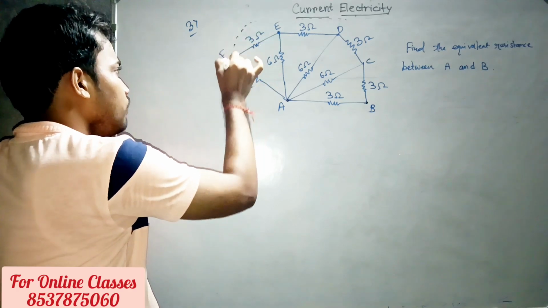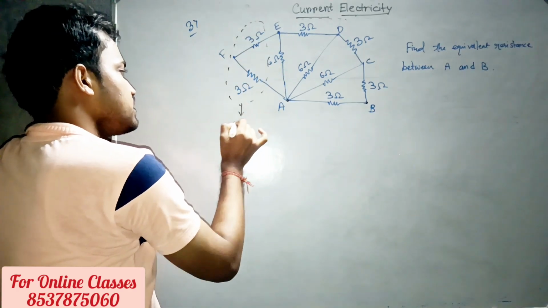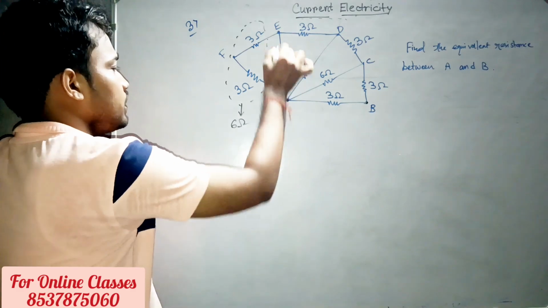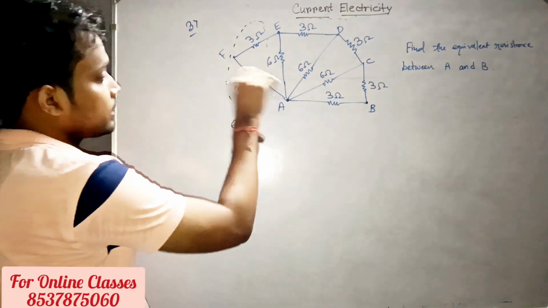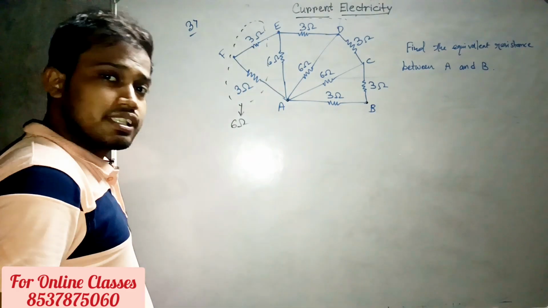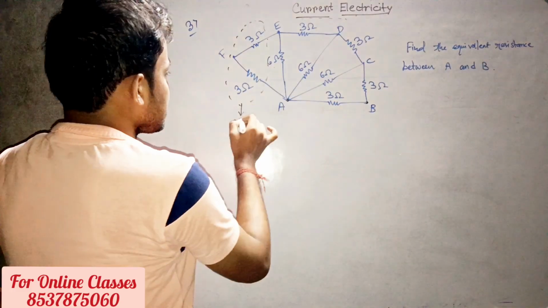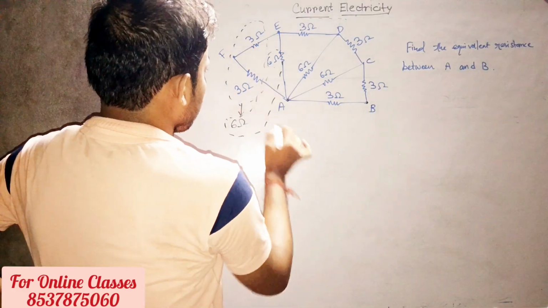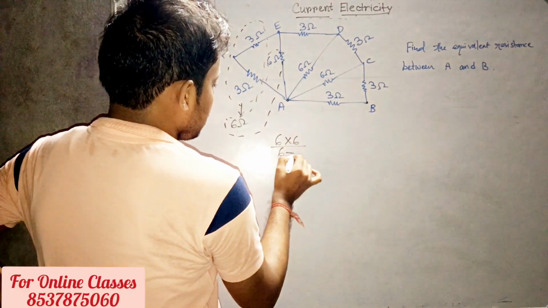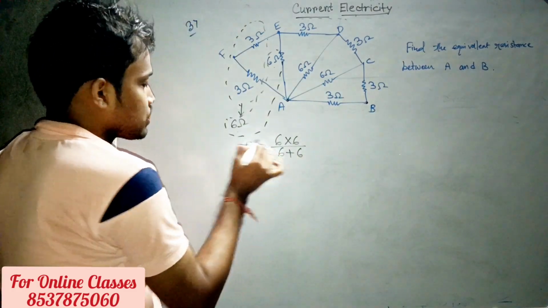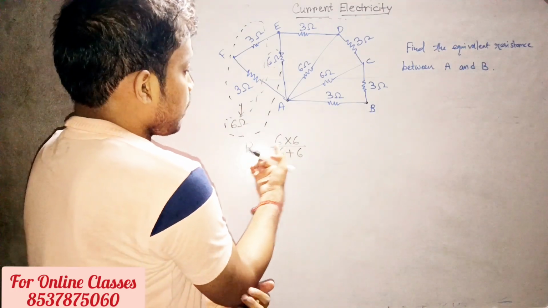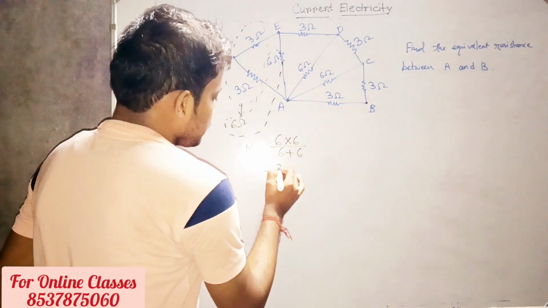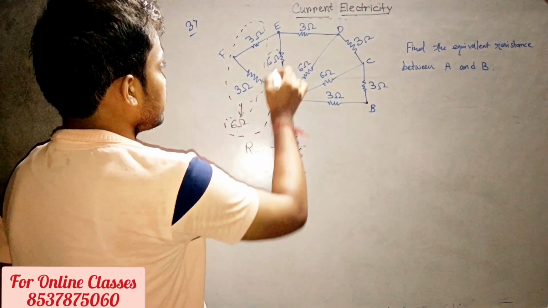Now this 6 ohm and this 6 ohm are in parallel connection because both ends are the same. For two resistors in parallel, we can use the formula R1 R2 by R1 plus R2. So 36 by 12, the result will be 3 ohm.